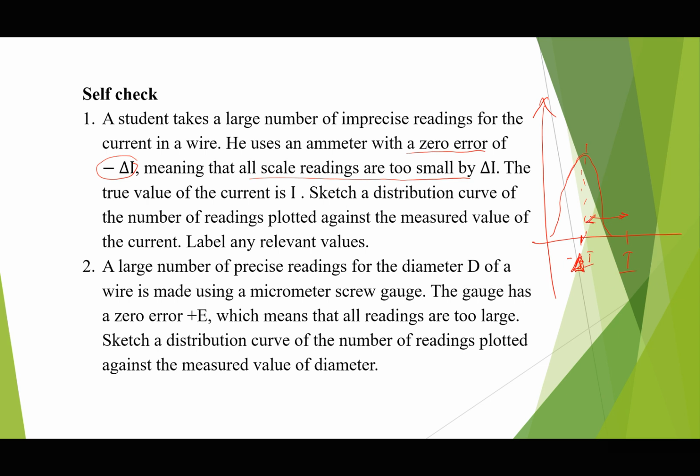So this is where I have delta I. You notice the true value is above because they said all scale readings are too small by delta I. So all values, their average is going to be actually to the left of the true value because they are all too small. They are smaller than the expected value. So that will be my distribution curve. This is of course going to be current, measured values of I, current.